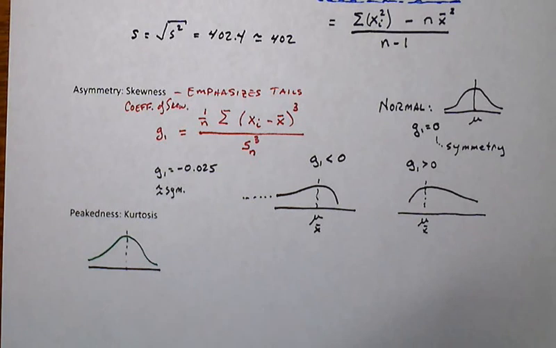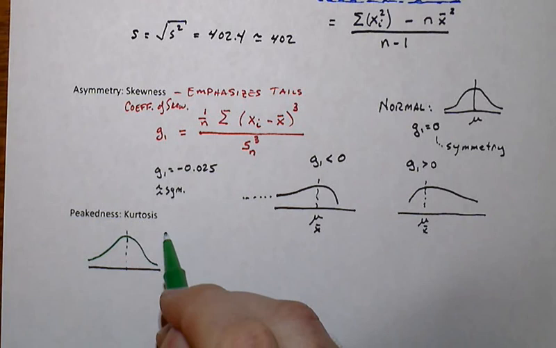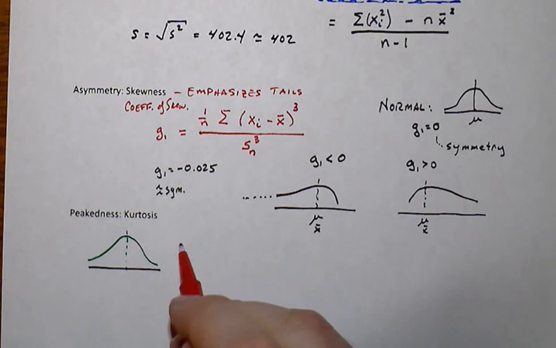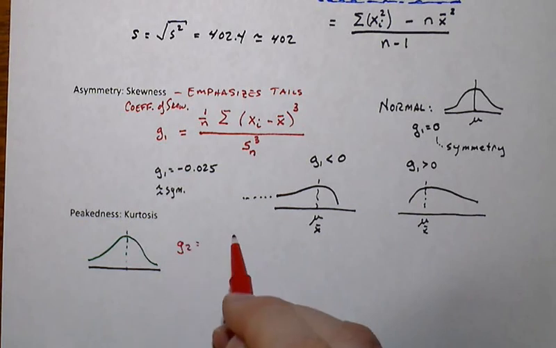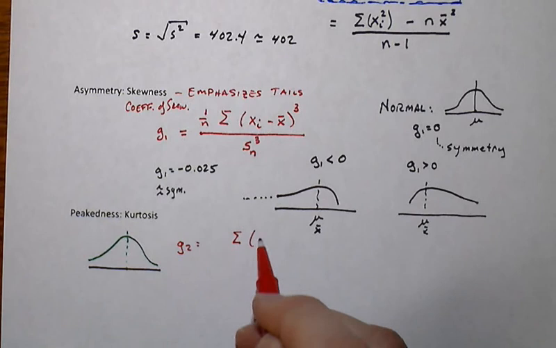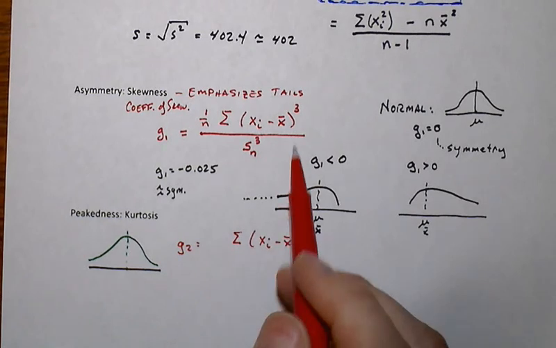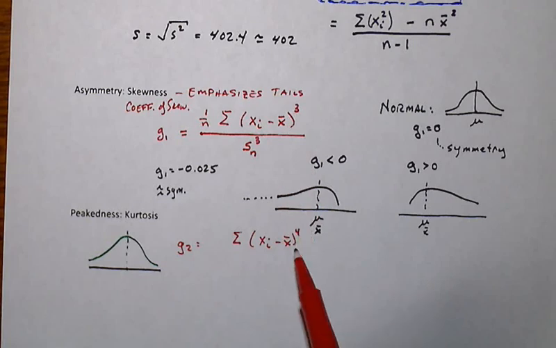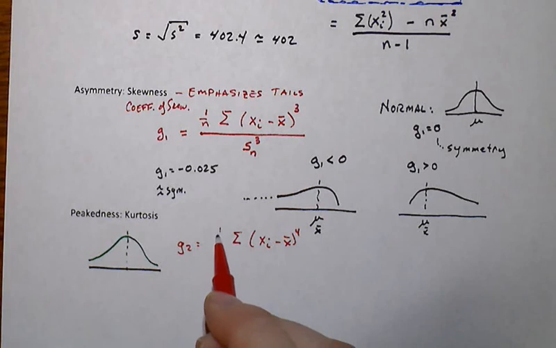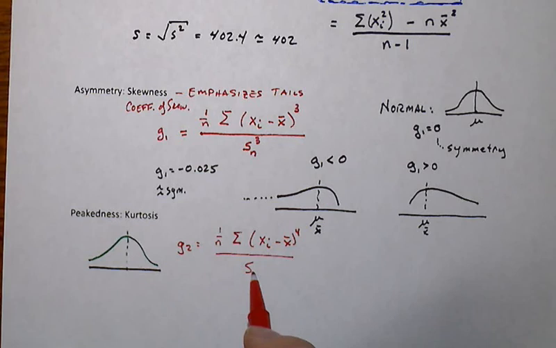And it turns out that for this one, the coefficient of kurtosis is going to be defined as the sum of the deviations away from the mean to the fourth power. So remember I said that was gigantic, and that's going to be even more gigantic. And we'll find the average of those, and then we'll normalize by the standard deviation of the sample raised to the fourth power.